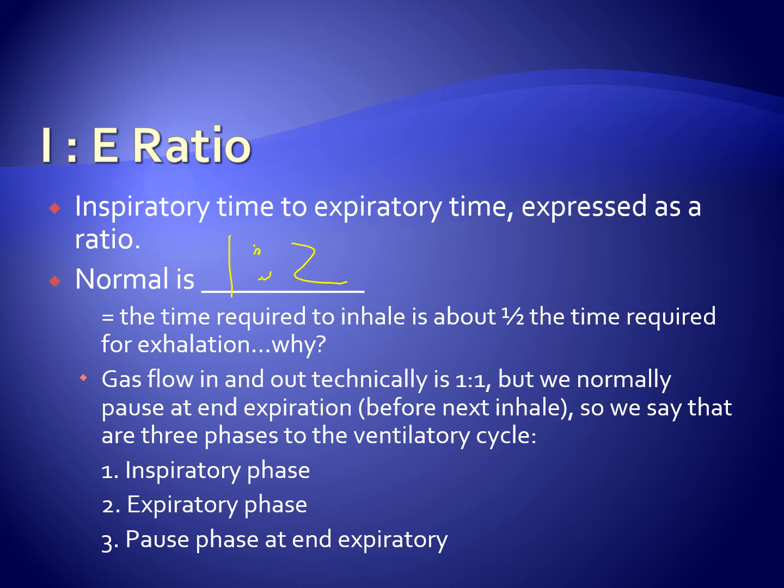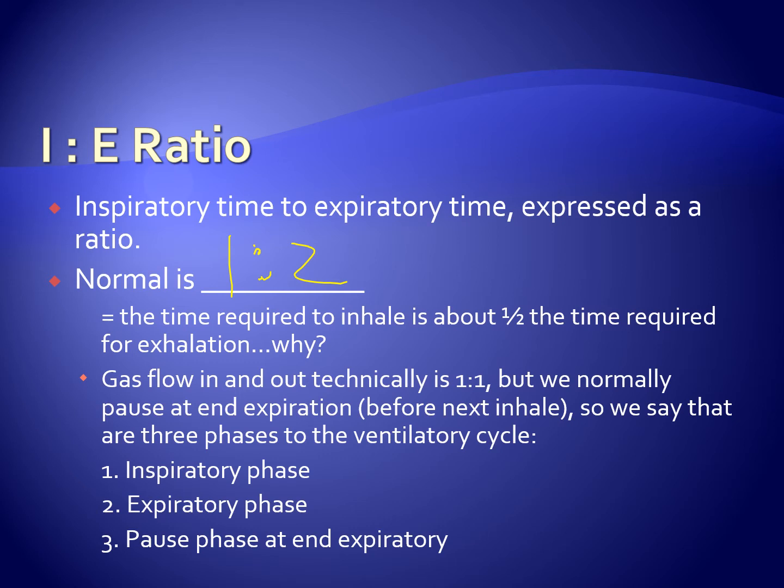Well, and when we're looking at this, gas flow actually is a 1-to-1 ratio, both into and out of our lungs, but normally we pause at end exhalation before the next inhalation. So there are actually sort of 3 phases when we look at breathing besides inhale and exhale. There's inhale, exhale, and a little bit of pause at end expiratory, and that sort of creates that 1 to 2 ratio.